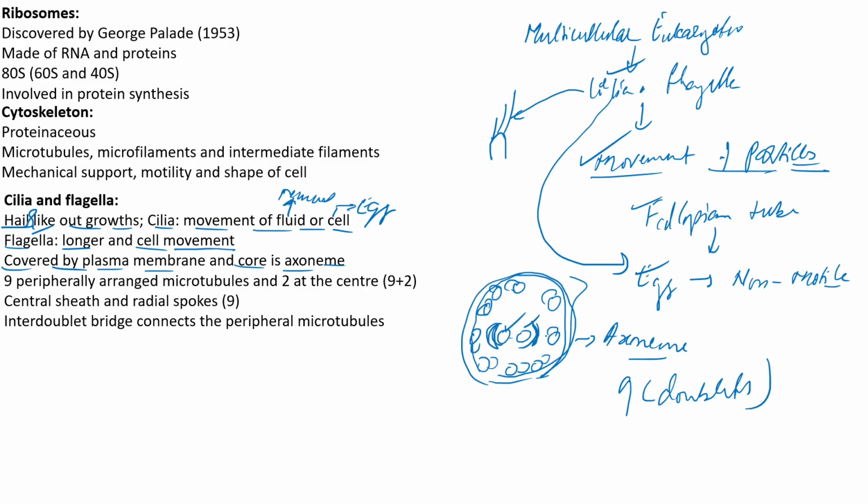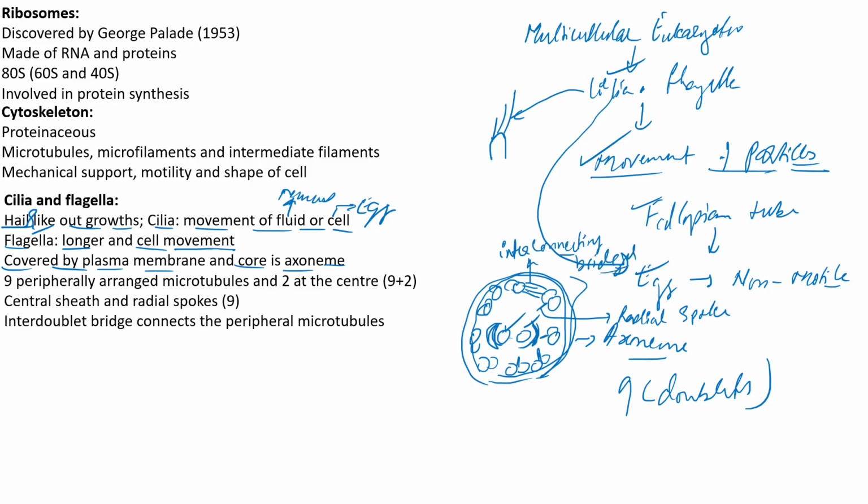You also see that from each peripheral doublet there are rod-like structures protruding, called the radial spokes. And the 2 adjacent doublets are connected with each other, and this is called the interconnecting bridge.